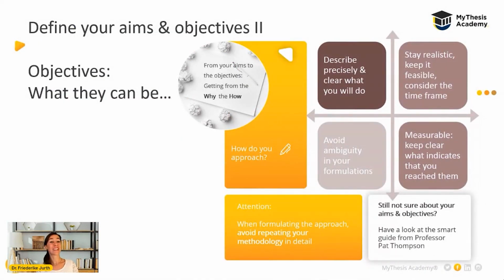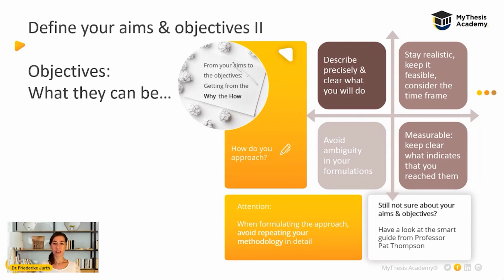Let's have a look at the objectives. So the objectives are the second part. How to approach? Well, when you formulate your approach, then avoid repeating your methodology in detail. The objective tells about how you will do it.